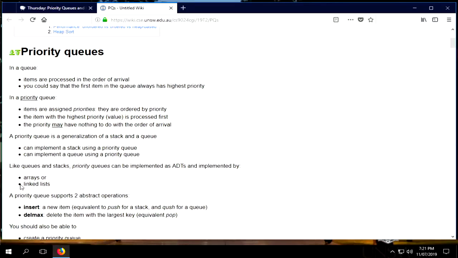Like a queue or a stack, the priority queue can be implemented on an array, but can also be done in a linked list. And this is where it actually gets slightly confusing, because many of you, and I think even last week, we talked about this very briefly.